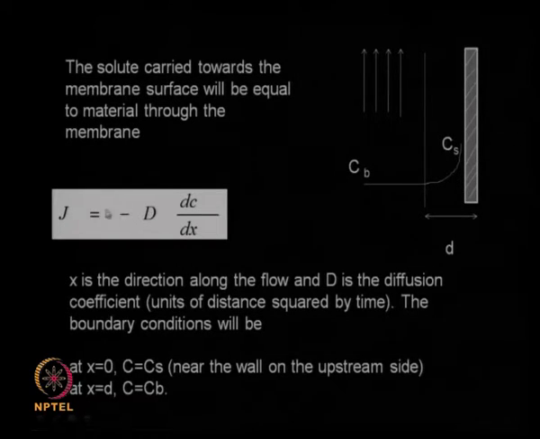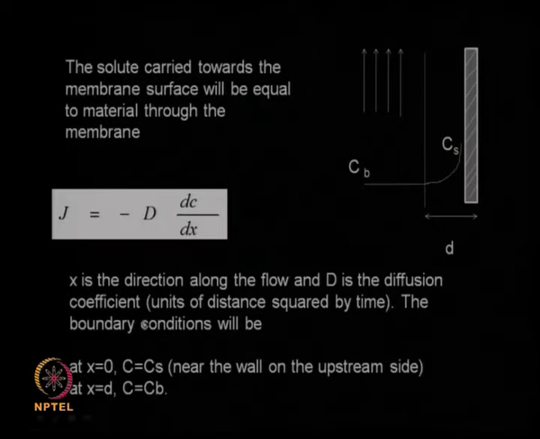So the flux J is equal to minus D dC by dx. C is the concentration, D is the diffusion coefficient, and x is the distance, that is, the boundary layer distance along the direction of the flow. What will be the units of the diffusion coefficient? It will be distance squared by time.